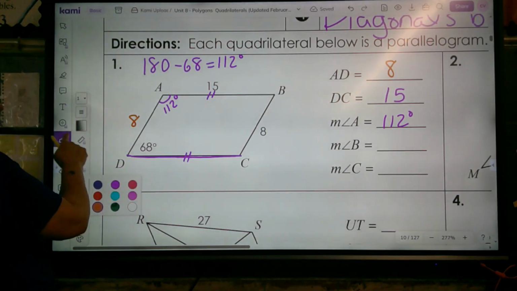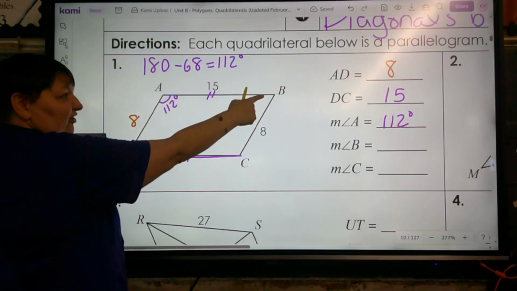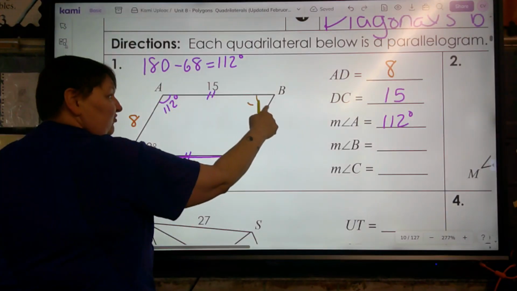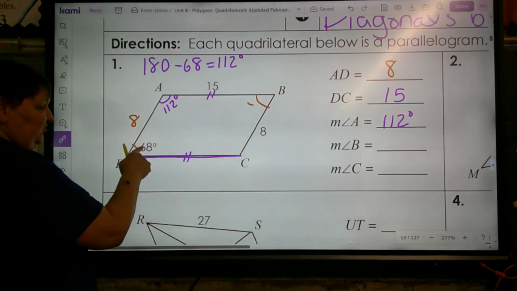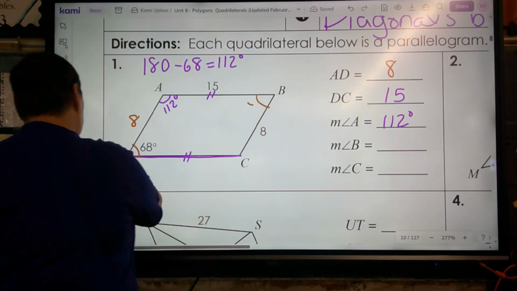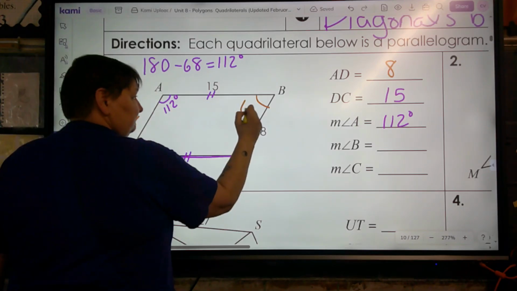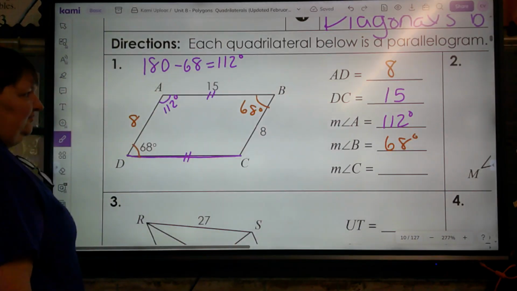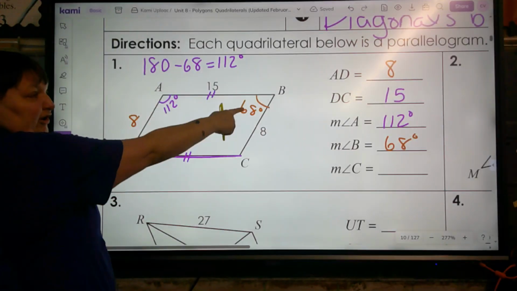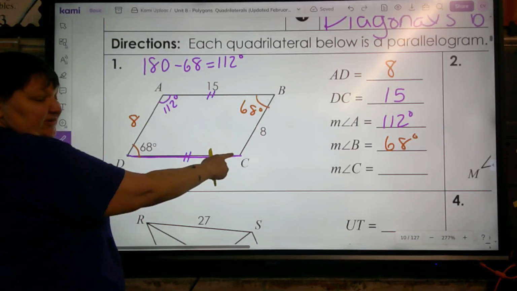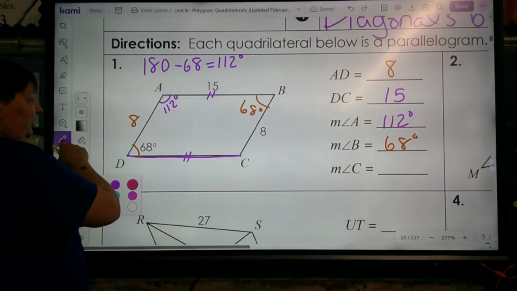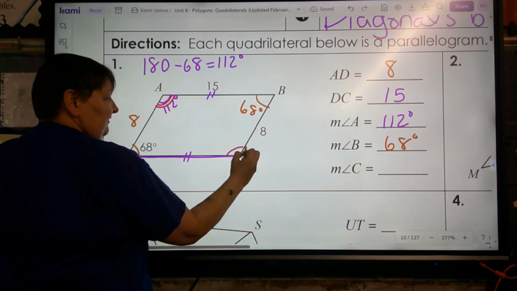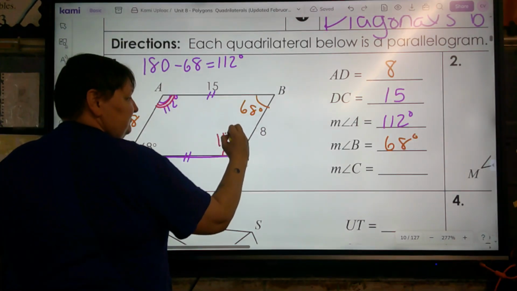All right, angle B. You could do 180 minus 112 because this has to equal 180, or you could remember that diagonal angles are congruent. So if this is 68, this one has to be 68. Angle C, again, you could do 180 minus 68, which would give you 112, or you could remember that diagonal angles are congruent, so this has to be 112.